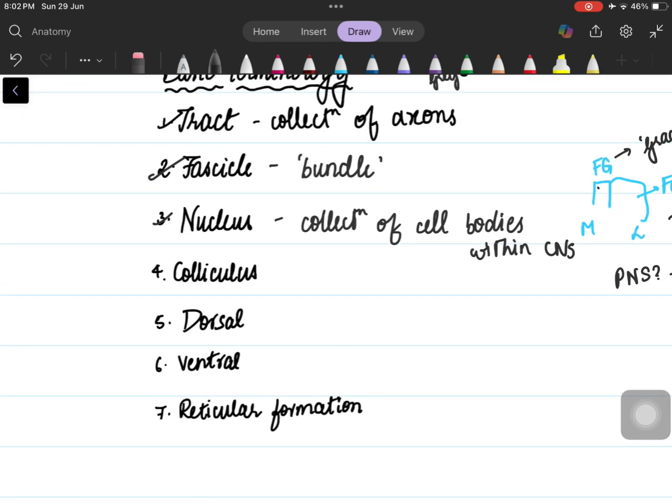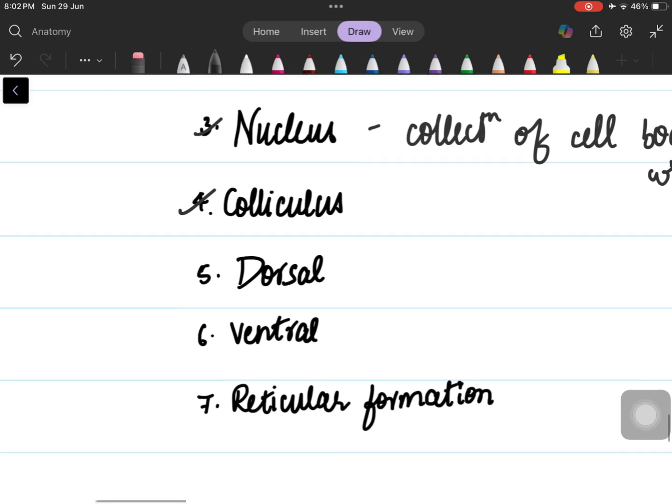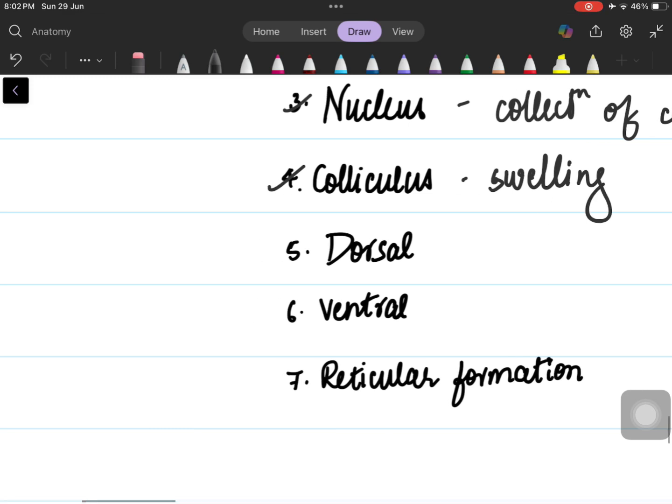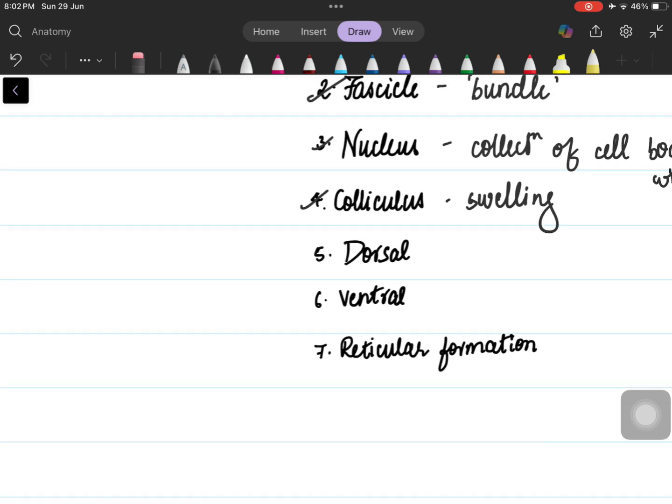What's a colliculus? We keep hearing this name, right? It just means swelling. Best example for this is the facial nerve. If this is the facial nerve nucleus and this is the facial nerve, which you might know is the 7th cranial nerve, this is the nucleus, right?